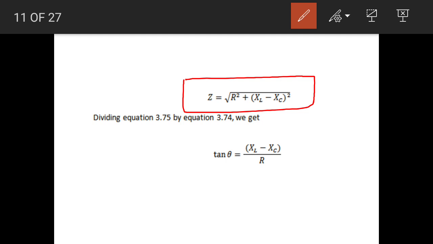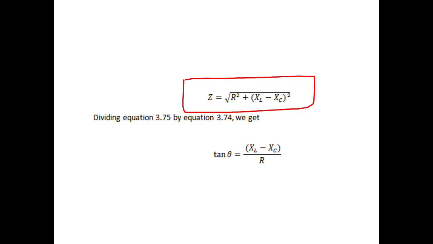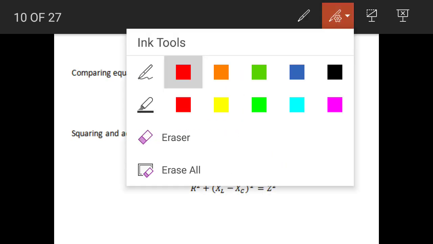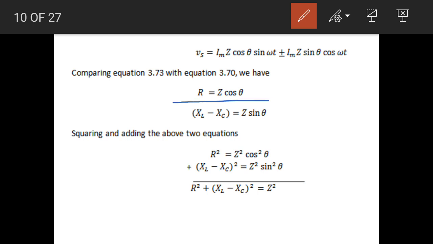So we can find out the impedance of this series circuit with the help of this equation. Similarly, if we divide this equation by this equation, then we get tangent theta, and tangent theta will be equal to XL minus XC divided by R.